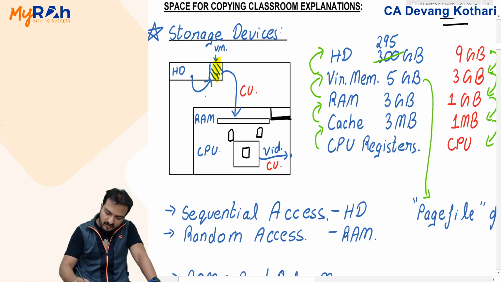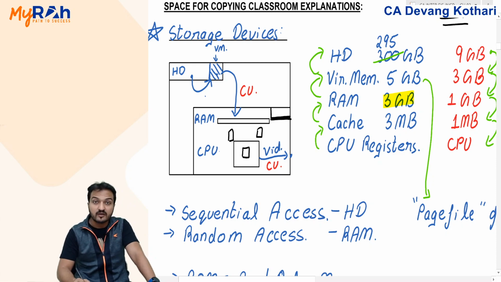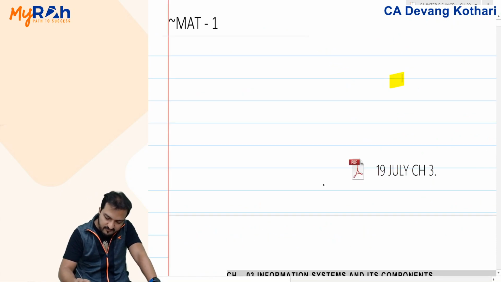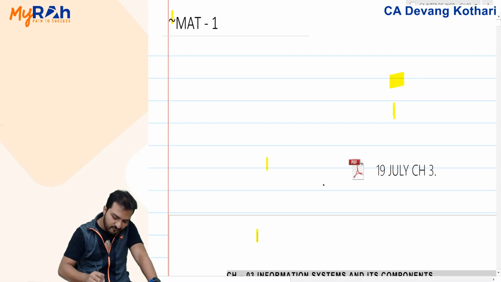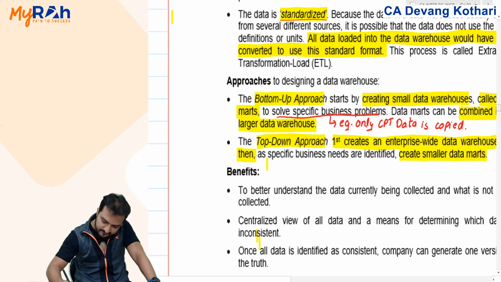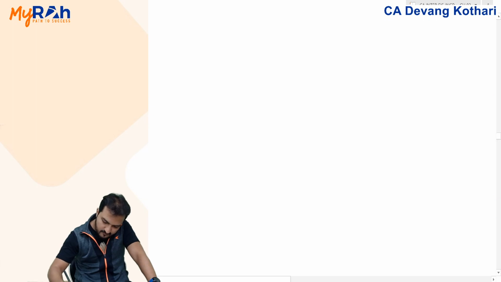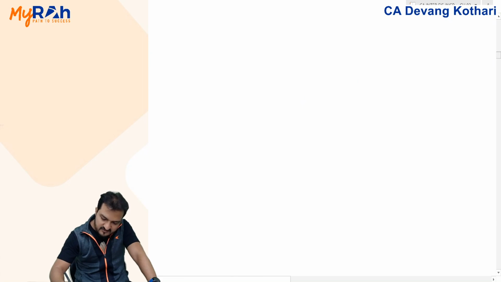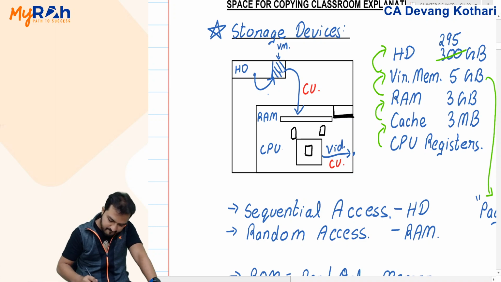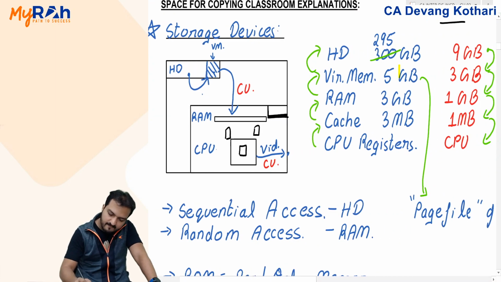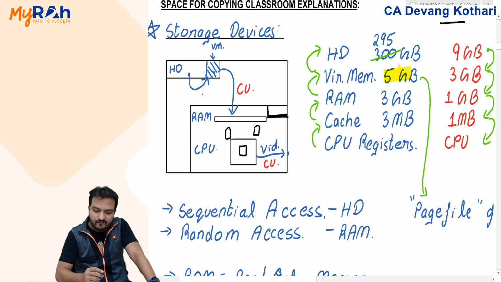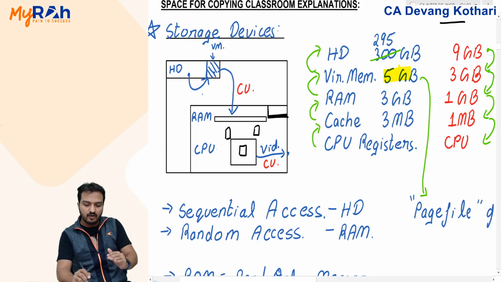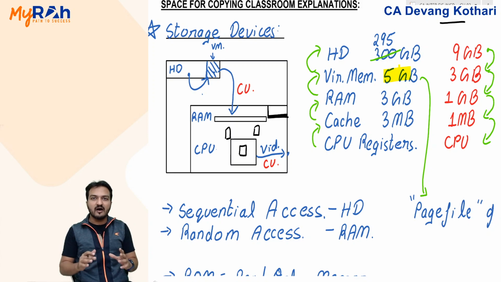So if I have 3 GB of actual, real RAM, and I create 5 GB virtual memory, then this 5 GB virtual memory along with the 3 GB of original RAM, now the CPU will feel as if it has 8 GB of RAM.